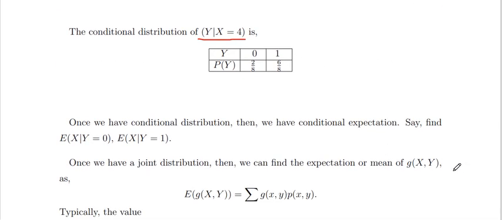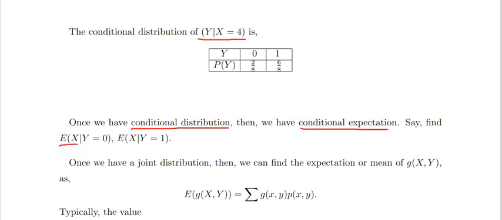Once we have a conditional distribution, for any distribution we can find expectation and variance, right? So we have conditional expectation and conditional variance.